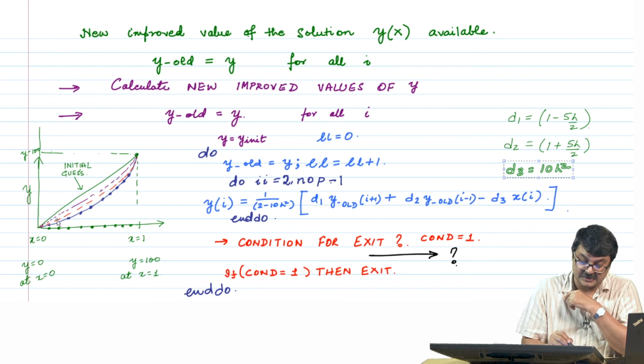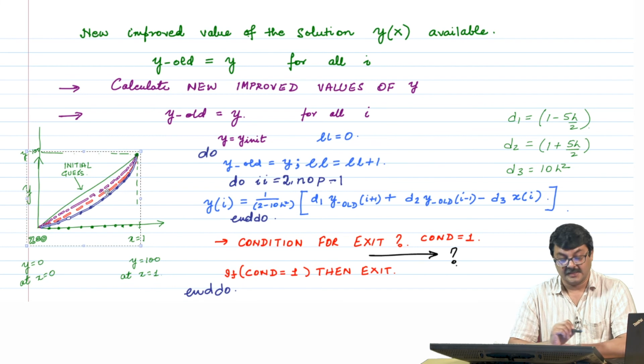So this blue line, where you have the value of y at each of these discrete points.